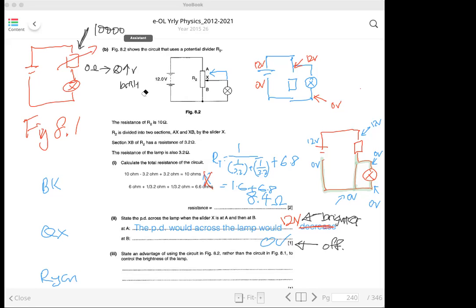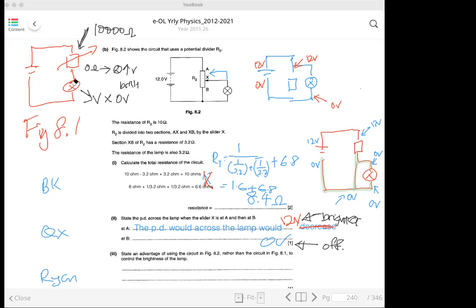Maybe 10,000 ohm, maybe 1 million ohm. So regardless of how high this is, there is still some resistance here. Is that clear? So if there's always some resistance here, the voltage will never be zero. The PD of this bulb will never go to zero, and when it never goes to zero, it will not be completely switched off.